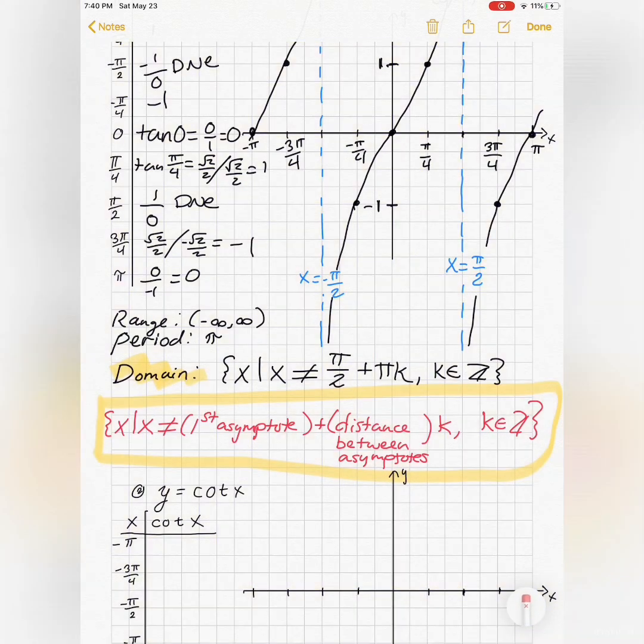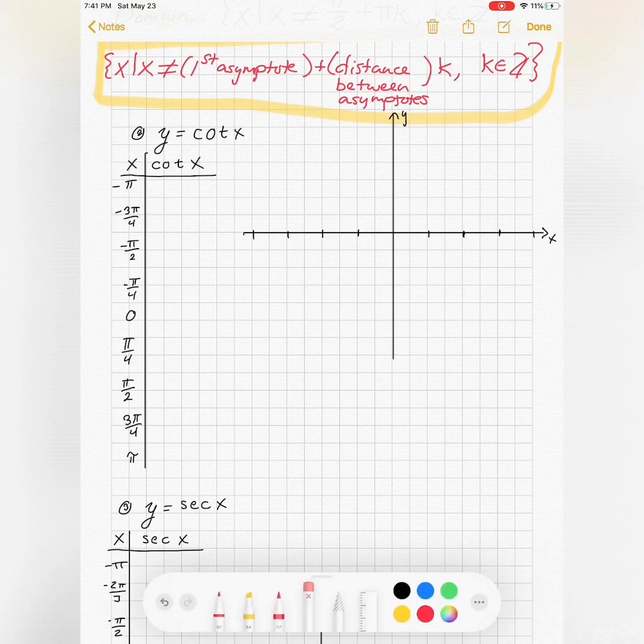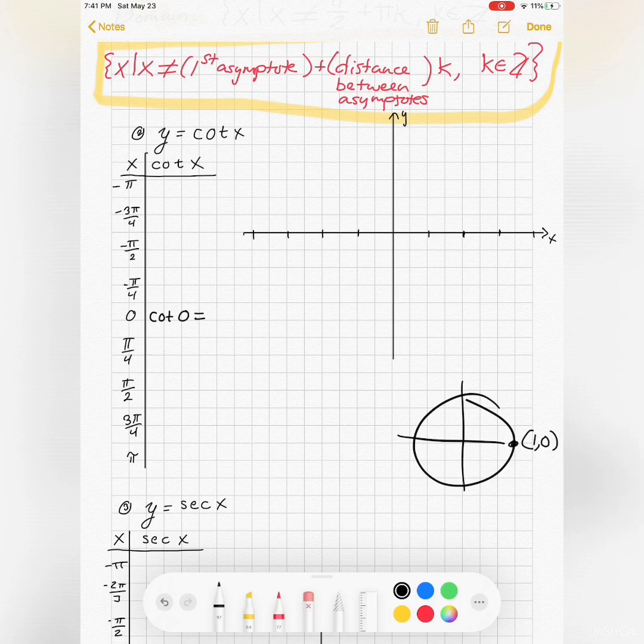Should I try graphing cotangent? That's going to be similar. So again, I set up my table. Just need to think about a unit circle for reference. Let's start with 0. So the cotangent is the x over the y.